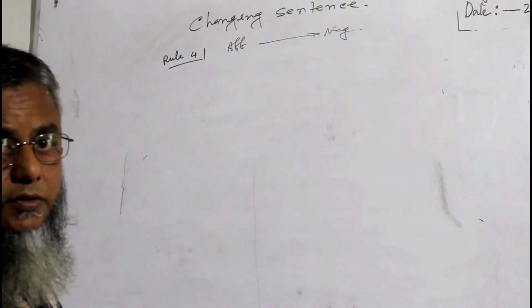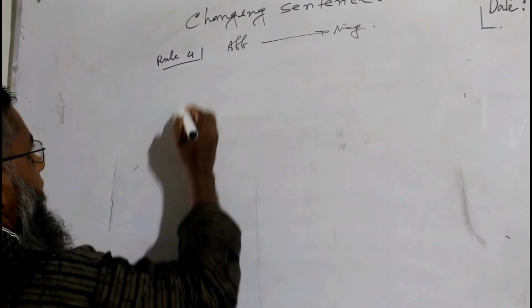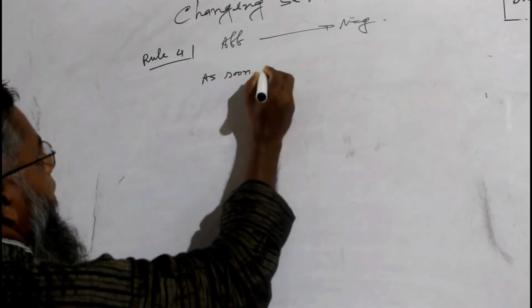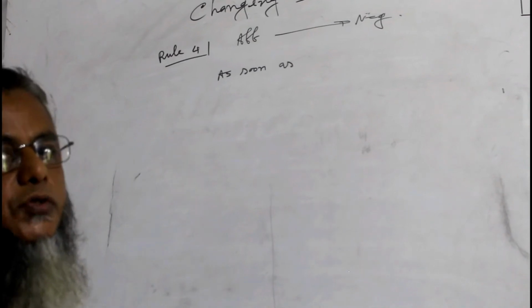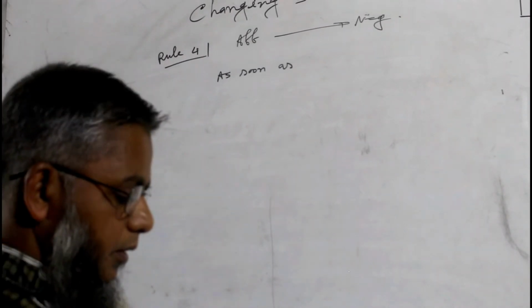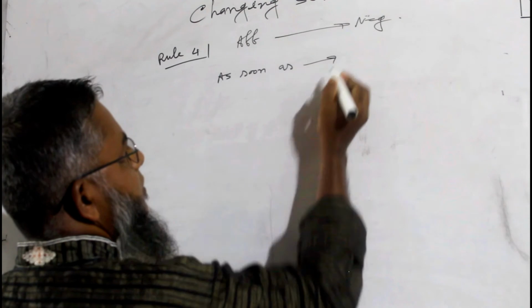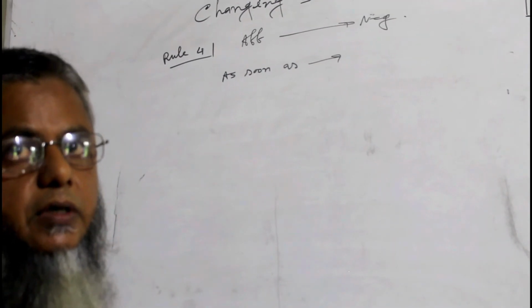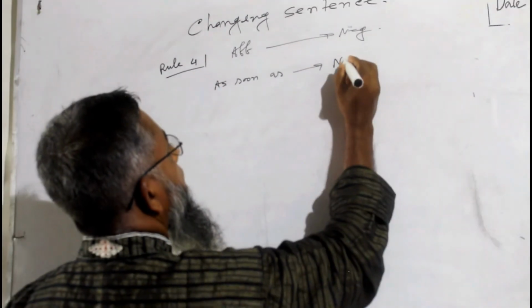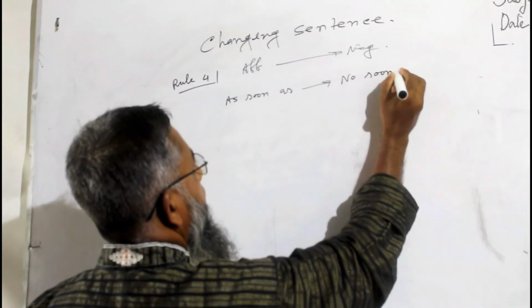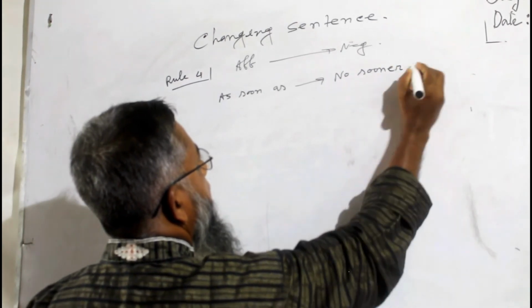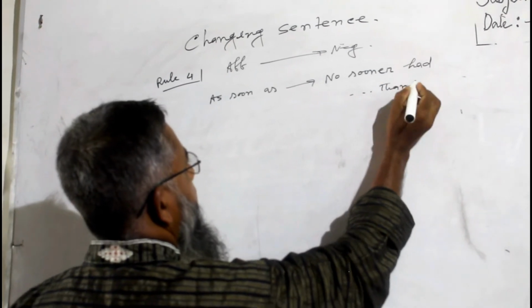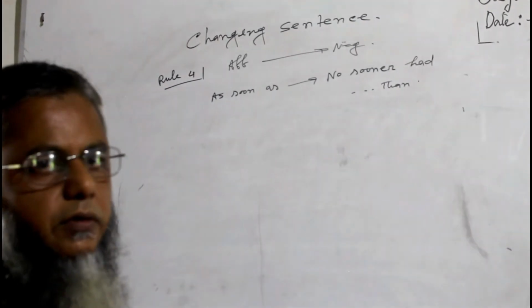If an affirmative sentence has as soon as, instead of as soon as, you have to use no sooner had than. You have to use no sooner had than.